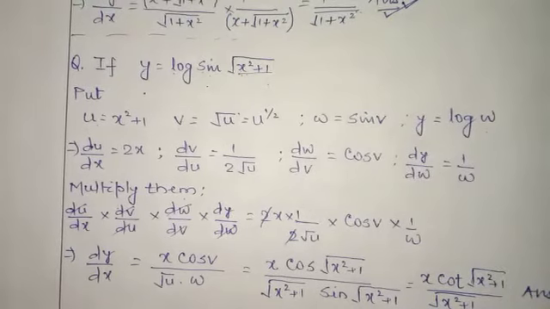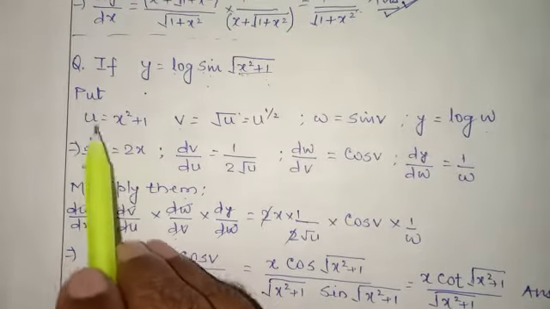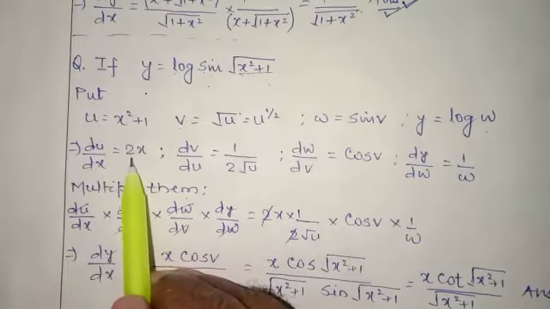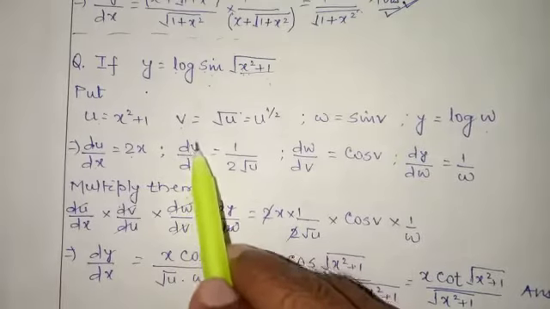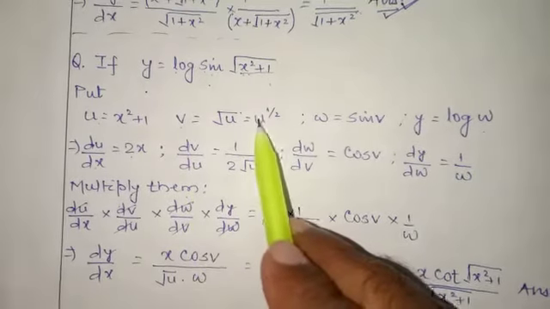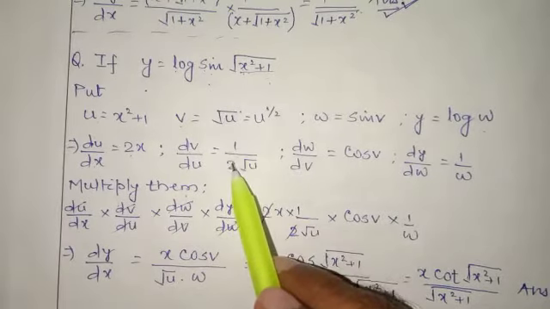Now differentiate each of them. So differentiation of u is 2x. Differentiation of v, that is dv upon du, is 1 upon 2 root u, since differentiation of root u is 1 upon 2 root u.